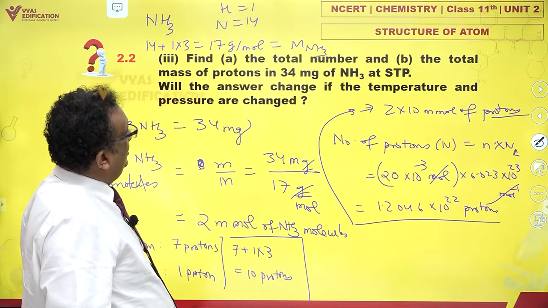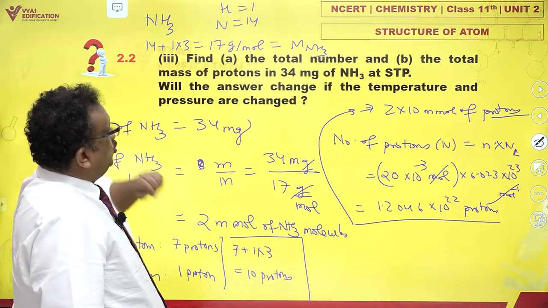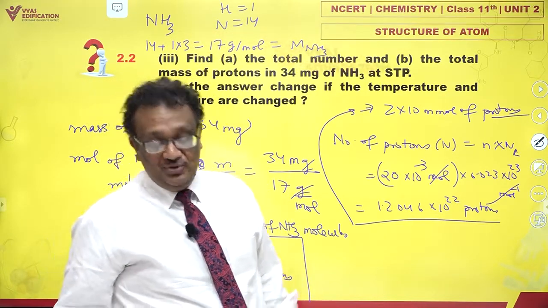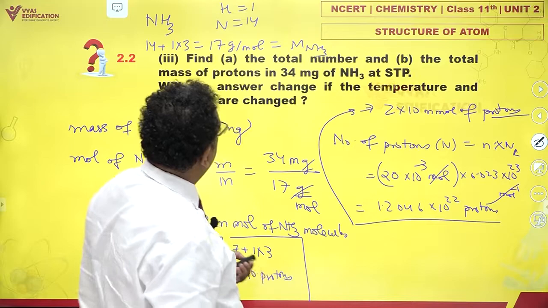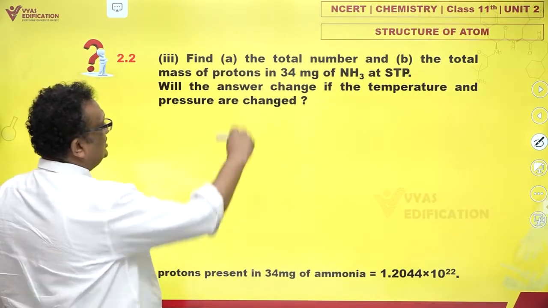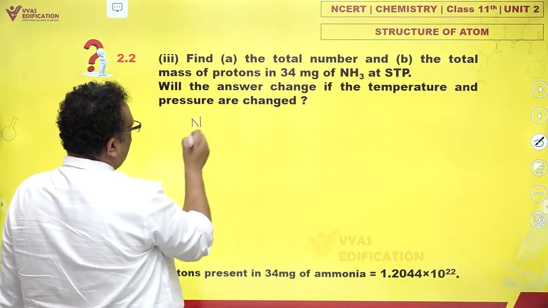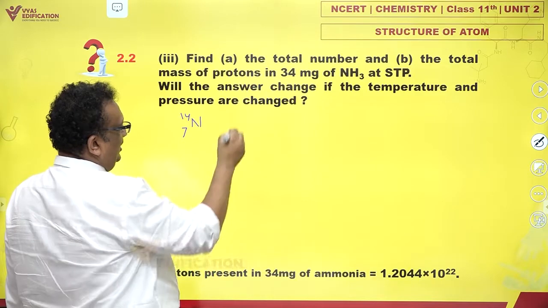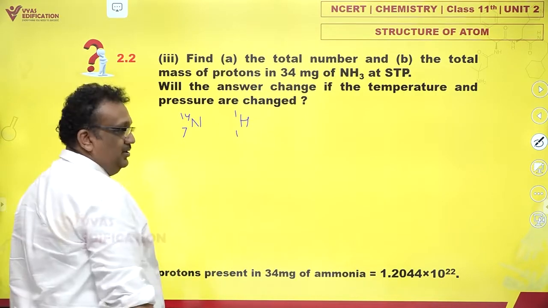Anything else? B part, total mass of protons. How do I get the mass of protons? Well, that's very simple again. I'll use the space for further calculations. Now, nitrogen atoms, and a hydrogen atom is 1, 1.